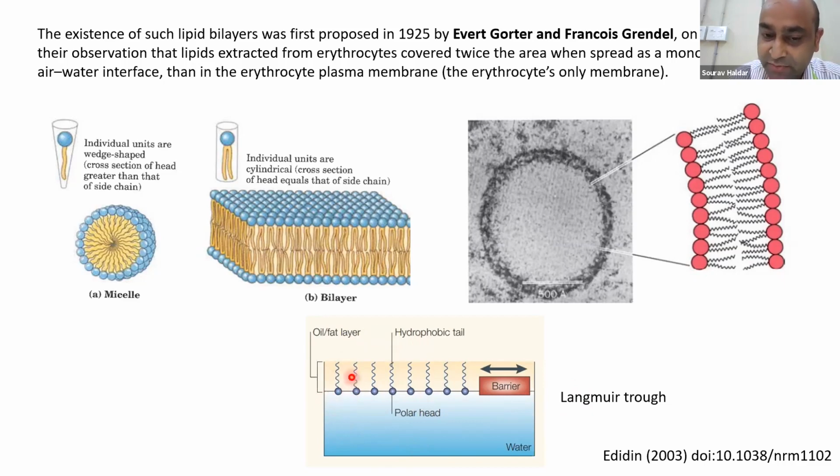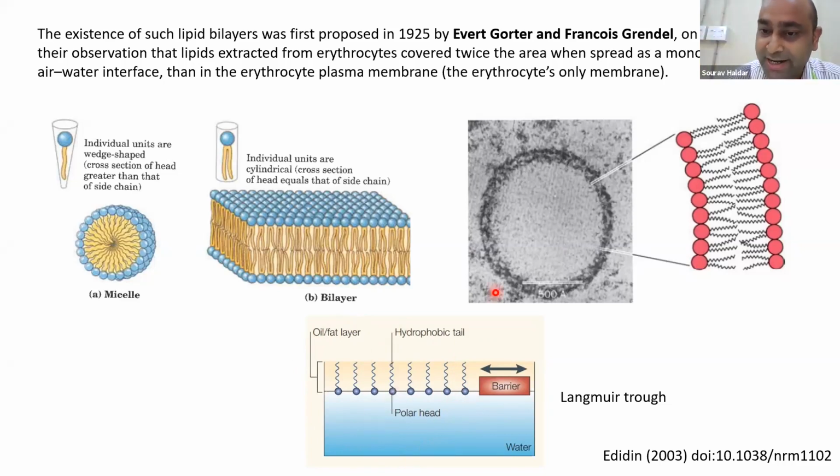Because of the hydrophobic nature, all the tails will project out like this, as shown in this cartoon, and all the hydrophilic parts will be facing the water. By carefully adjusting the barrier, we can estimate the total area of the isolated lipid from any given species.